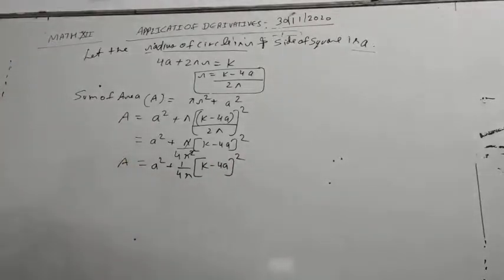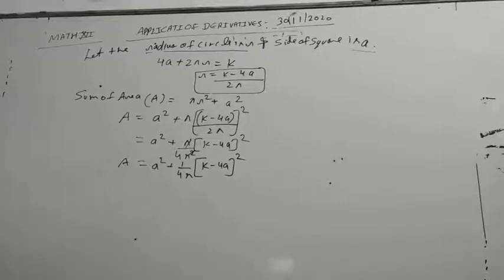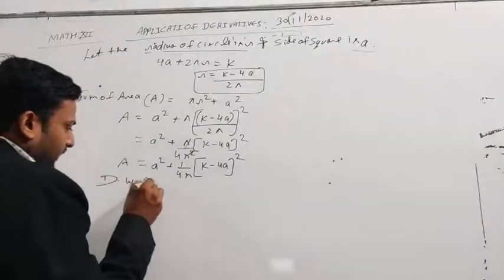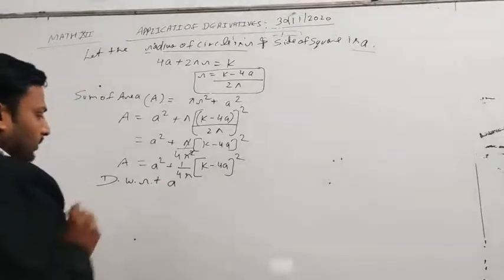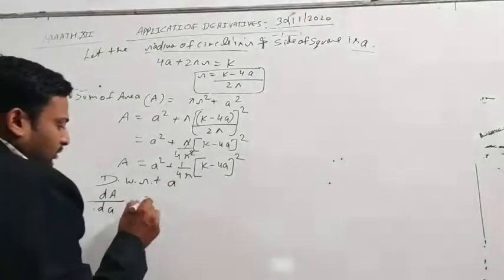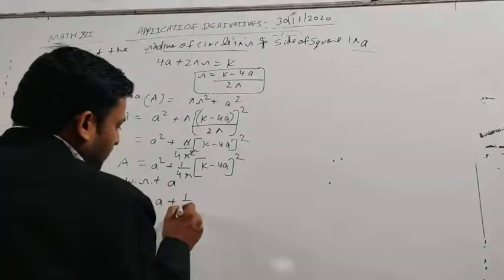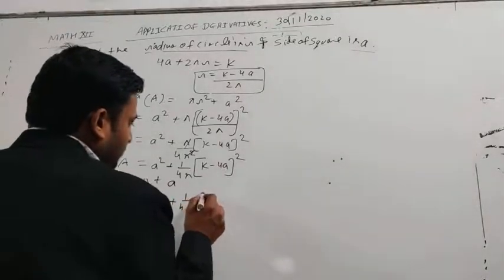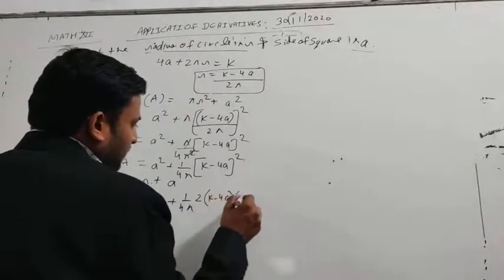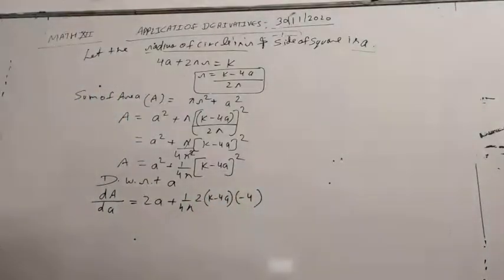This is our area, which is a square plus 1 by 4 pi (k minus 4a) whole square. Now we will differentiate this with respect to a. So dA by da is equal to 2a plus 1 by 4 pi times 2 (k minus 4a) into minus 4.